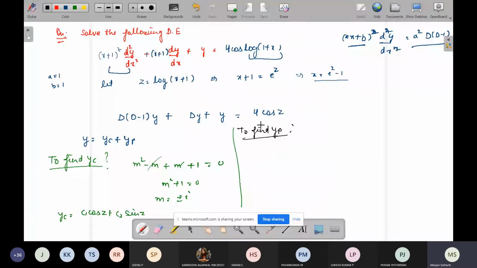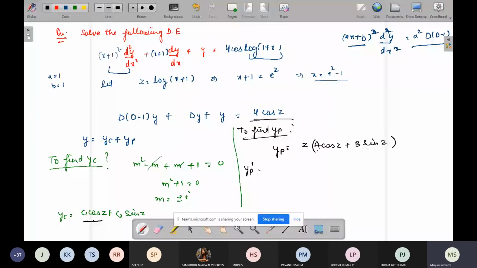Now to find yp, we can use the method of undetermined coefficients. RHS is this. Any part of the RHS appears here, right? So the yp value will be A cos z plus B sin z. Now if we have the values of A and B, it will depend on this part, so we'll just simply take z. Then find yp dash.